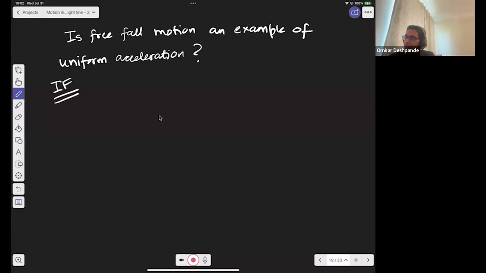Let's say an object is falling with uniform acceleration, that is, a is some constant.